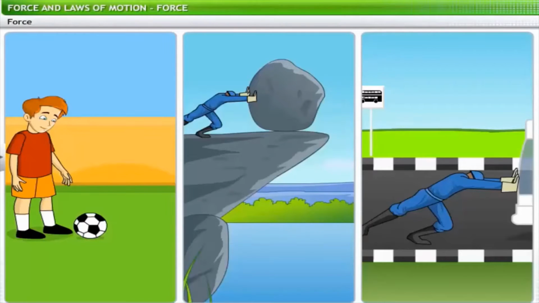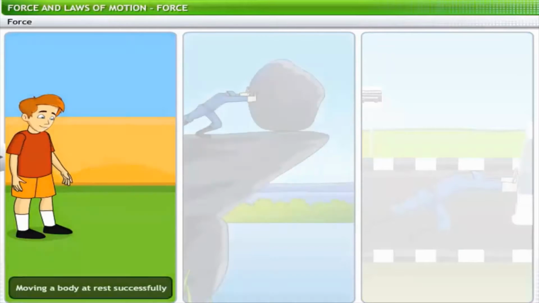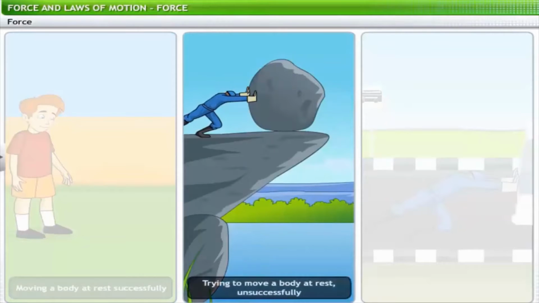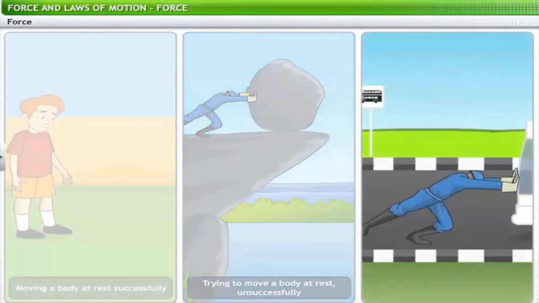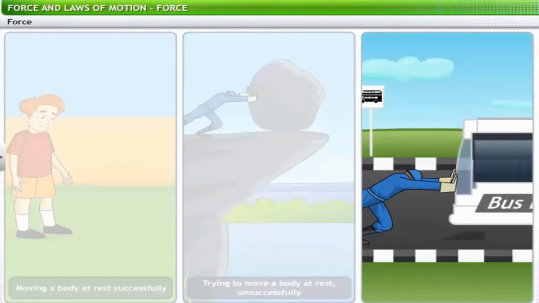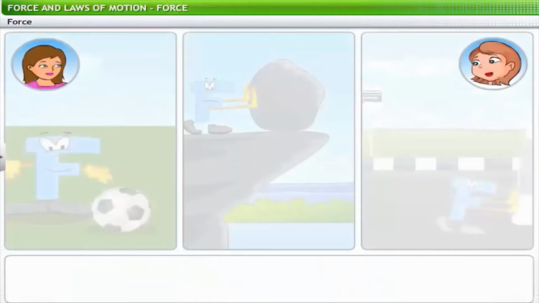To explain the concept of force, let's first observe some real-life situations. What do you think these people are trying to do?